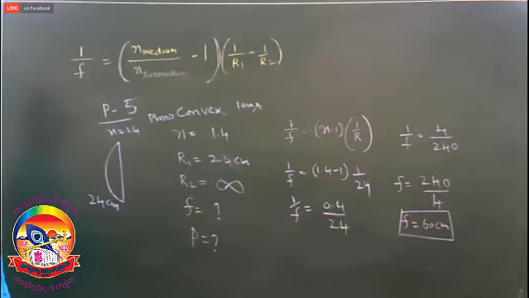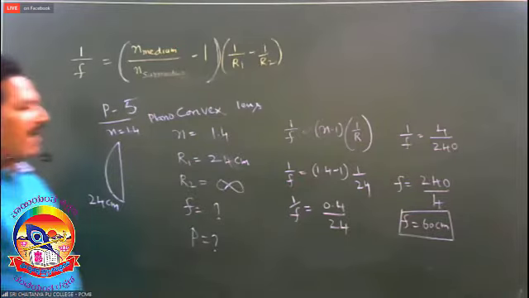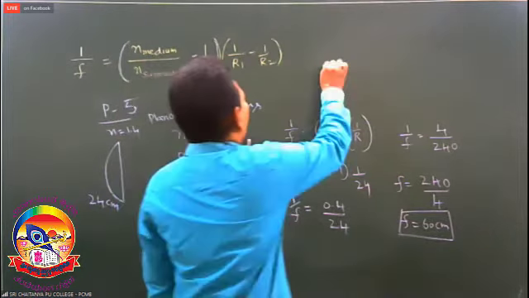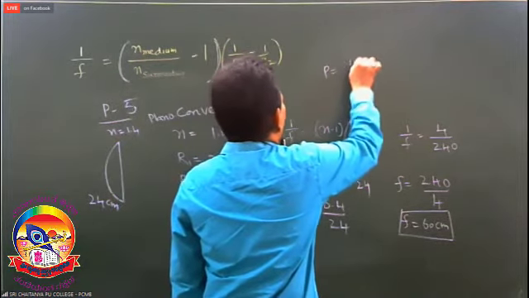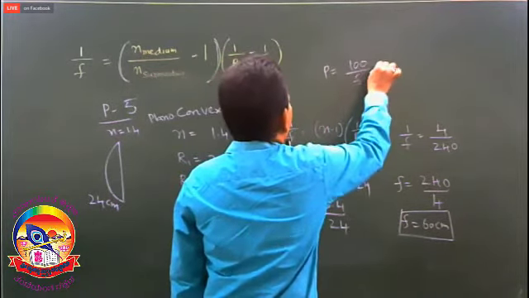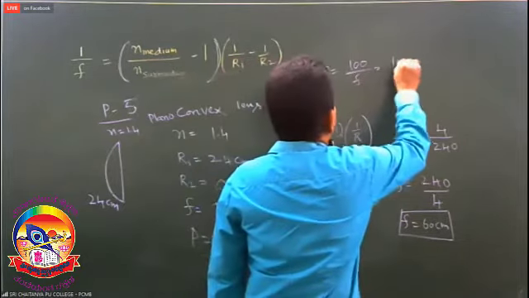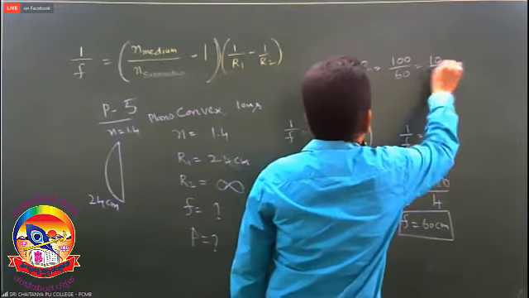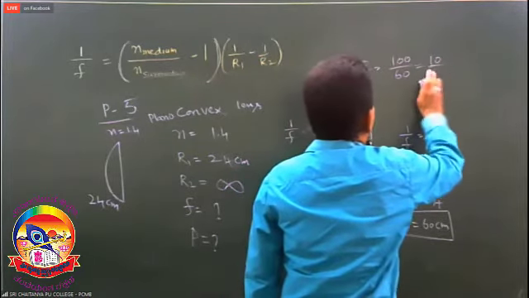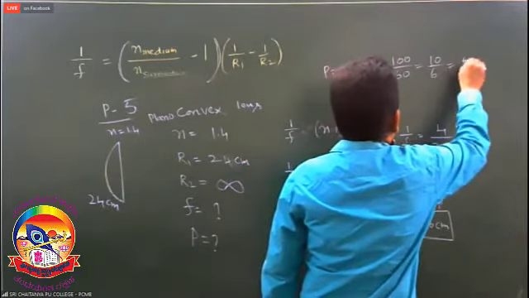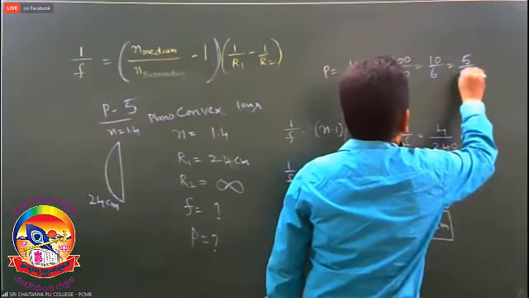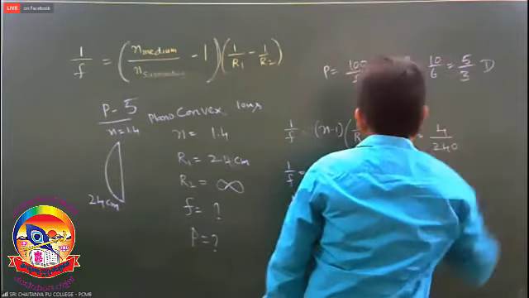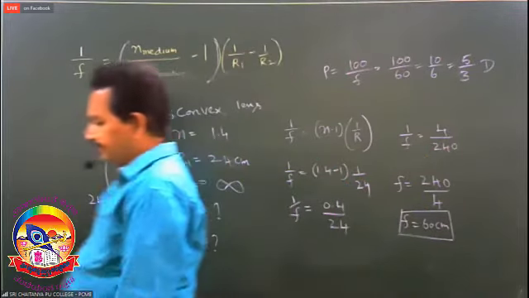Convex, plano. How to calculate power? Power is equal to 100 by F. Plus only, 100 by 60. 0, 0 cancels. 10 by 6, 5 by 3 diopters. 5 by 3 diopters.